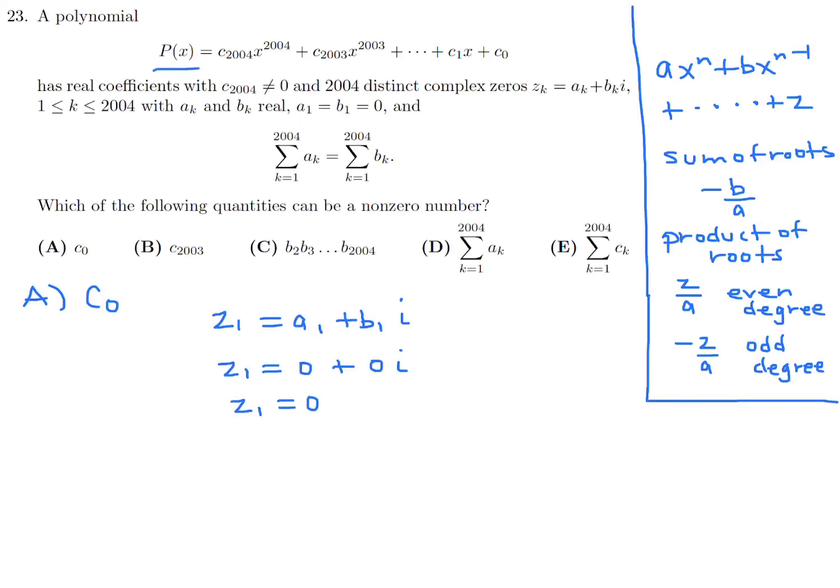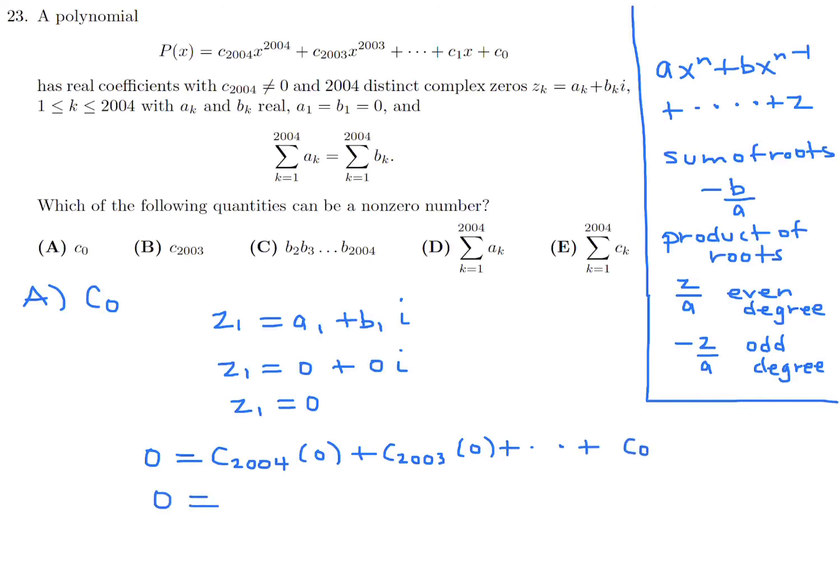So if I go back and put it in here, remember, if you put in a value that is a root for x, p of x becomes 0. Correct? So that means 0 is equal to c 2004 times 0 plus c 2003 times 0 plus dot dot dot all the way till c0.